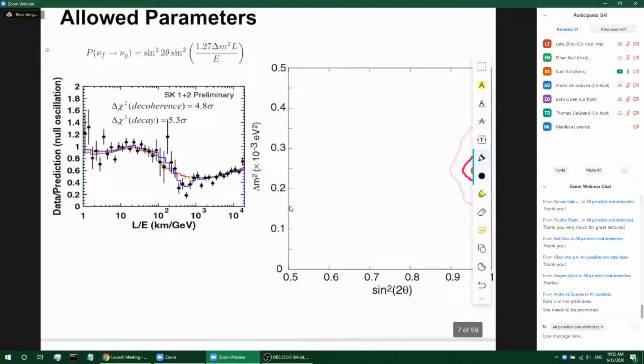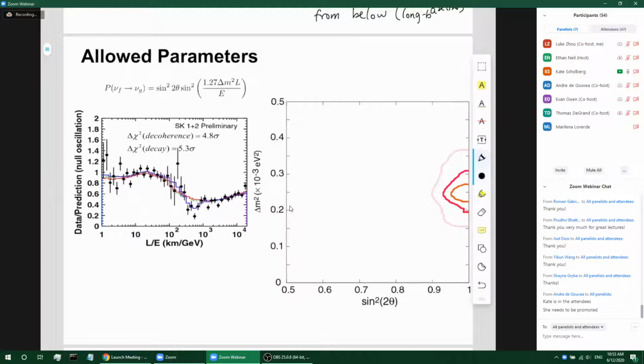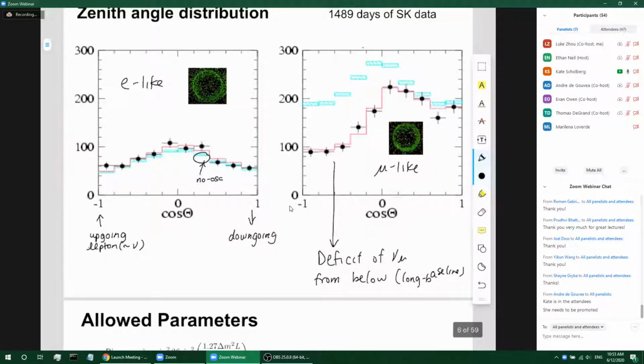And so this is an example of the fit, fitting to a two-flavor hypothesis simply, and that actually works reasonably well for the data. The red lines on these plots are the best fit to oscillations.